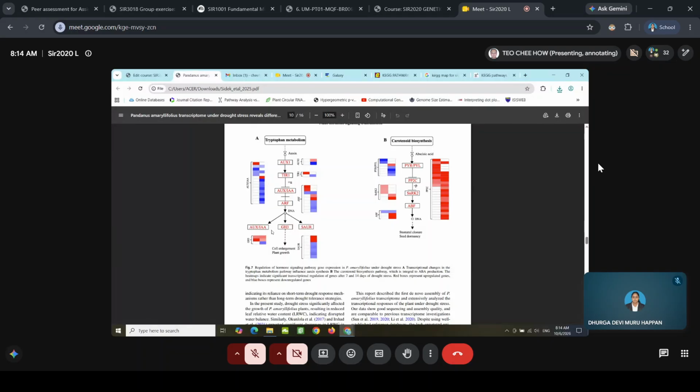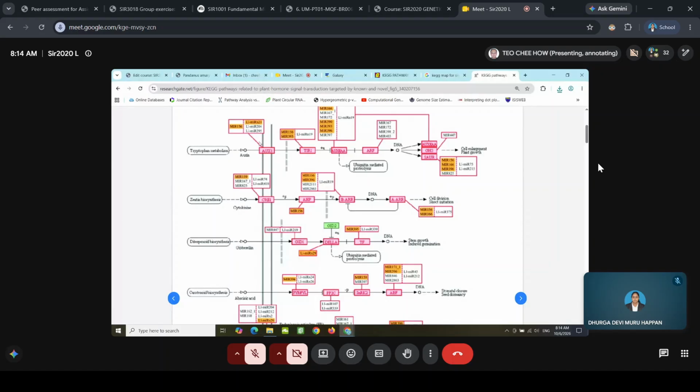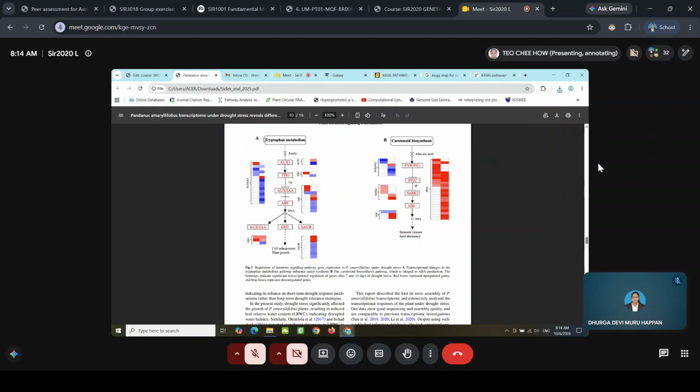So draw the pathway, you make it simplified, right? Just focus on this one. And then from tryptophan metabolism, it leads to the auxins, and then upregulated the AUX1, and then TIR1 and others eventually lead to the cell growth.